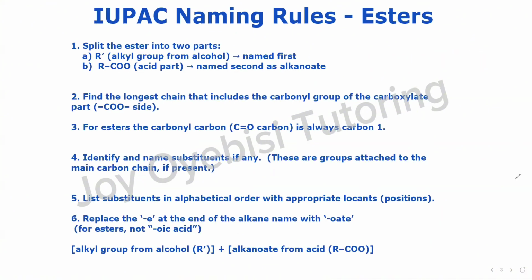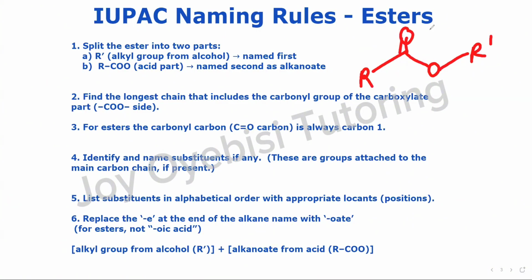What are the rules we follow when naming esters? Number one rule is to split the ester into two parts. From what I showed you earlier, you have the O and the R'. Like I said before, esters are formed by the combination of carboxylic acid and alcohol.